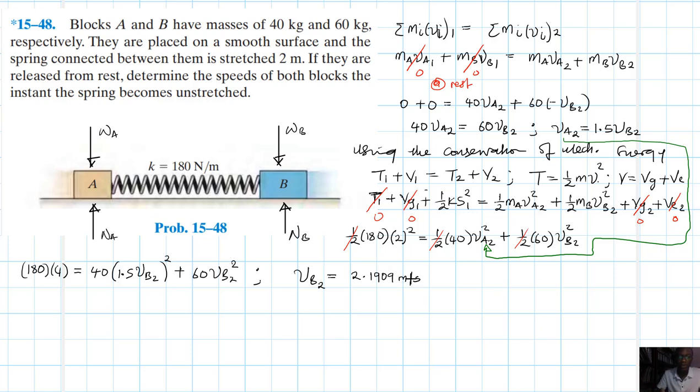Let me try this again: 180 times 4 divided by that answer, and then the square root of that, 2.1909. So there we go, and this is vB, so we expect this to be moving in this direction.